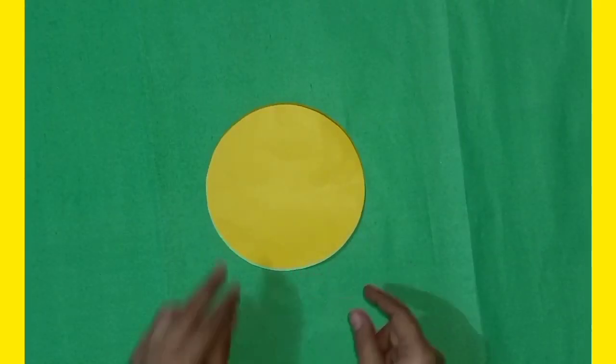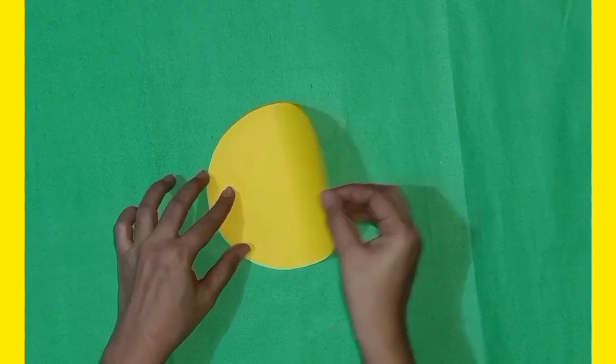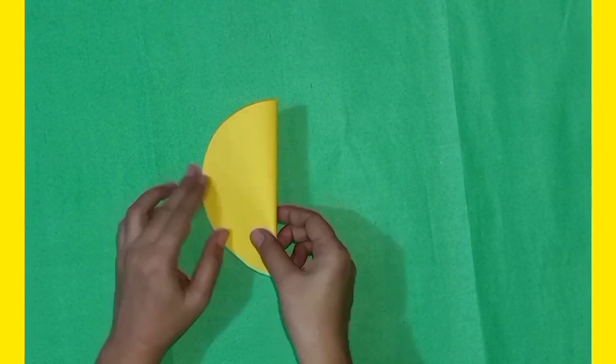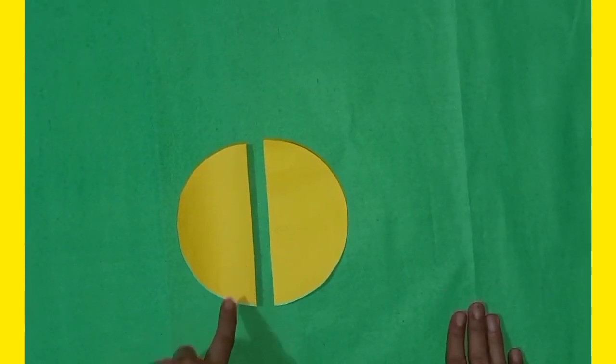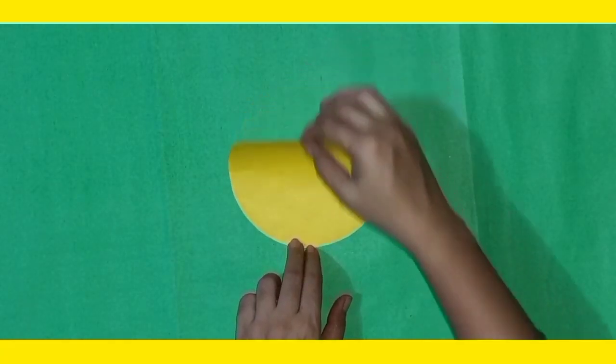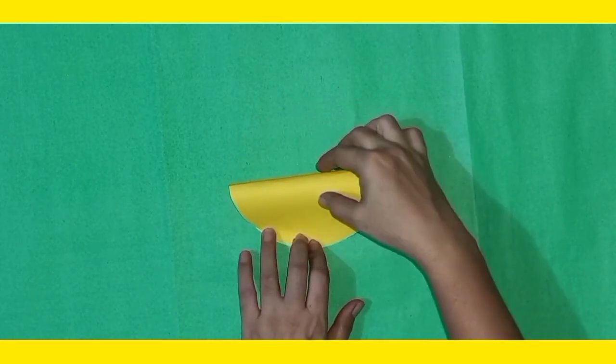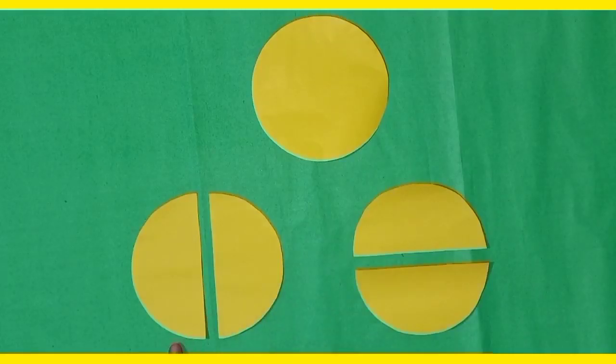I will fold this circle from right to left side and I will cut it from the middle. In this way, I have two equal parts of it. I can also cut it like this. So, dear students, we can cut a circle into two equal parts in two different ways.